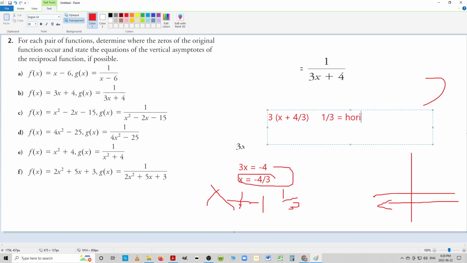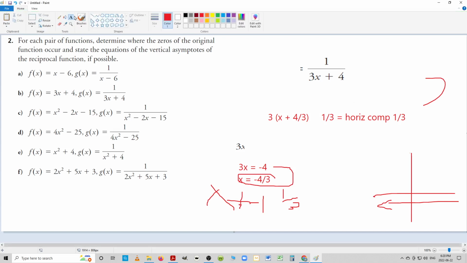So a horizontal compression of 1/3. And that's the correct translation of this graph here, because you always want to factor 3. Otherwise, you might accidentally think, oh, this whole thing's moving to the left by 4, because you'd think that's the translation. No. When we factor out the 3, it's very clear I've identified the correct asymptote, but that I've also identified the new compression.